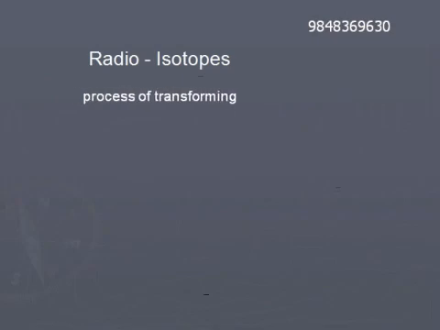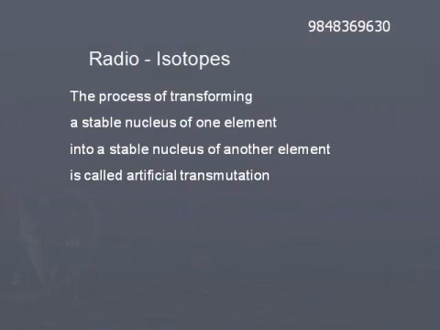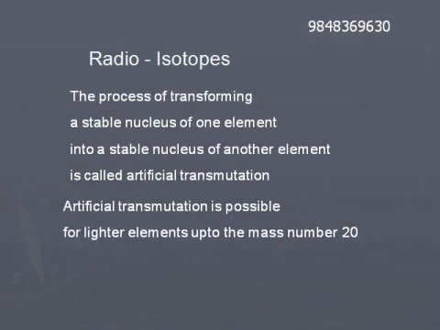radioisotopes. Before we go into the name, first let us understand artificial transmutation. The process of transforming a stable nucleus of one element into a stable nucleus of another element is called artificial transmutation.